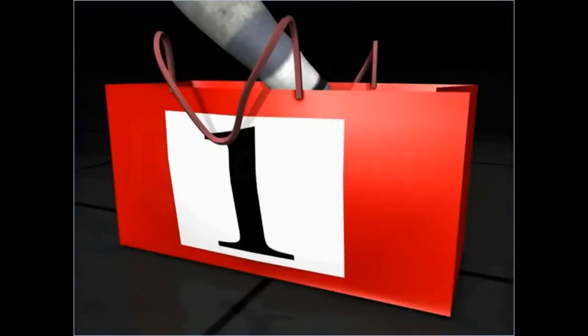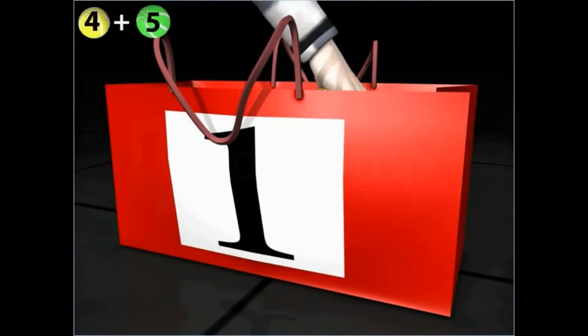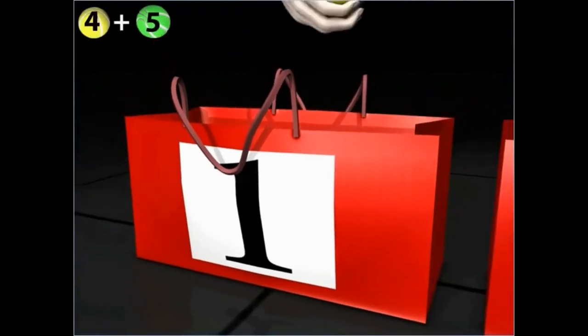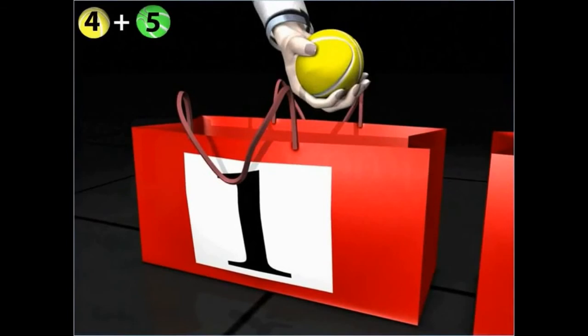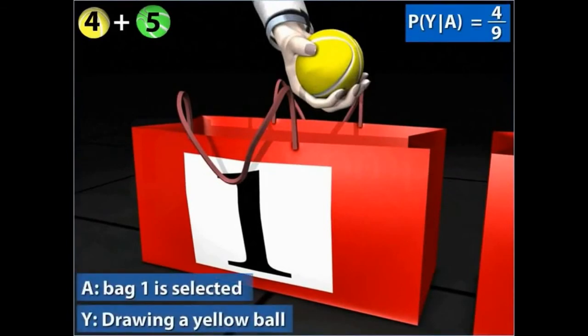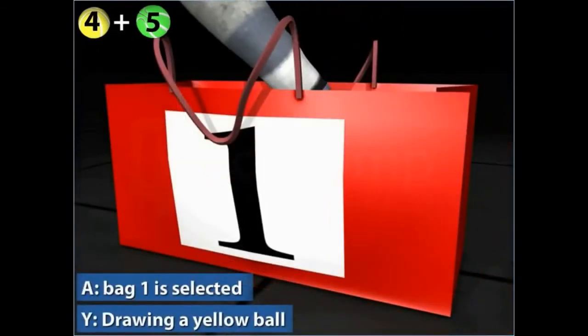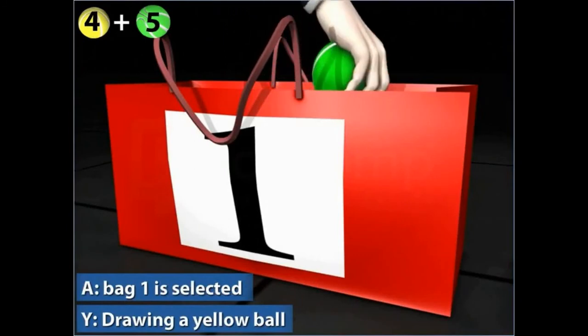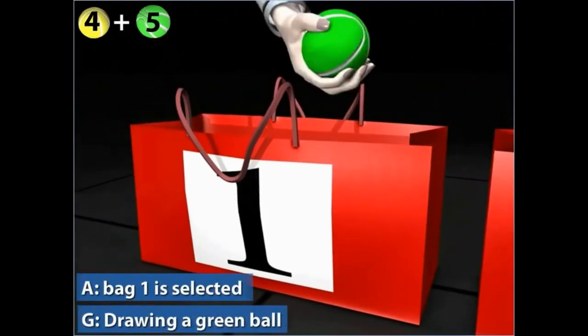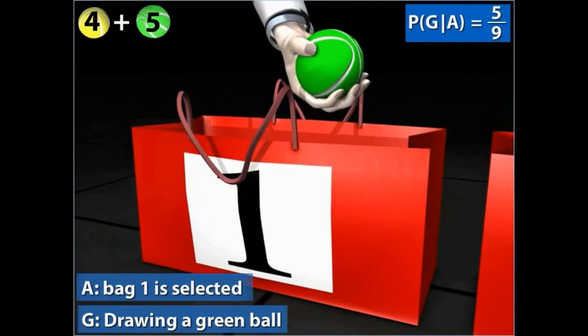Now, if bag 1 has been chosen, then the probability that the ball drawn is yellow is equal to 4 upon 9, whereas the probability that the ball drawn is green is equal to 5 upon 9.